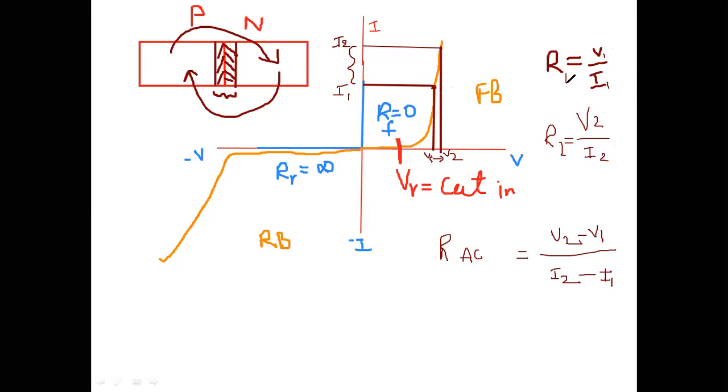So this is called static resistance. R1 equal to V1 by I1.